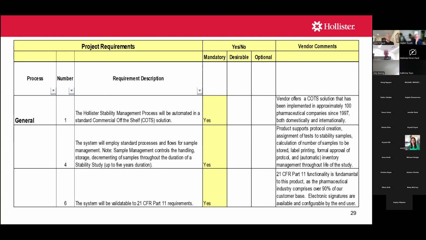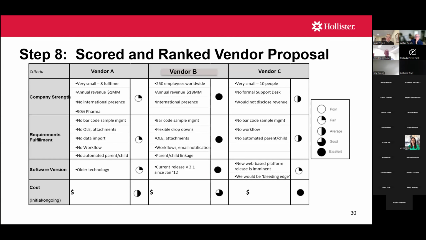And then you can see on the right, from this particular vendor, they would put comments in on how their particular LIMS system satisfied the stated user requirement. Once we received those RFPs back, the next step was to score and rank each of those vendors. We looked at things besides how well they satisfied our user requirements: the strength of the company, how many employees they had, what type of revenue, if they would disclose that.